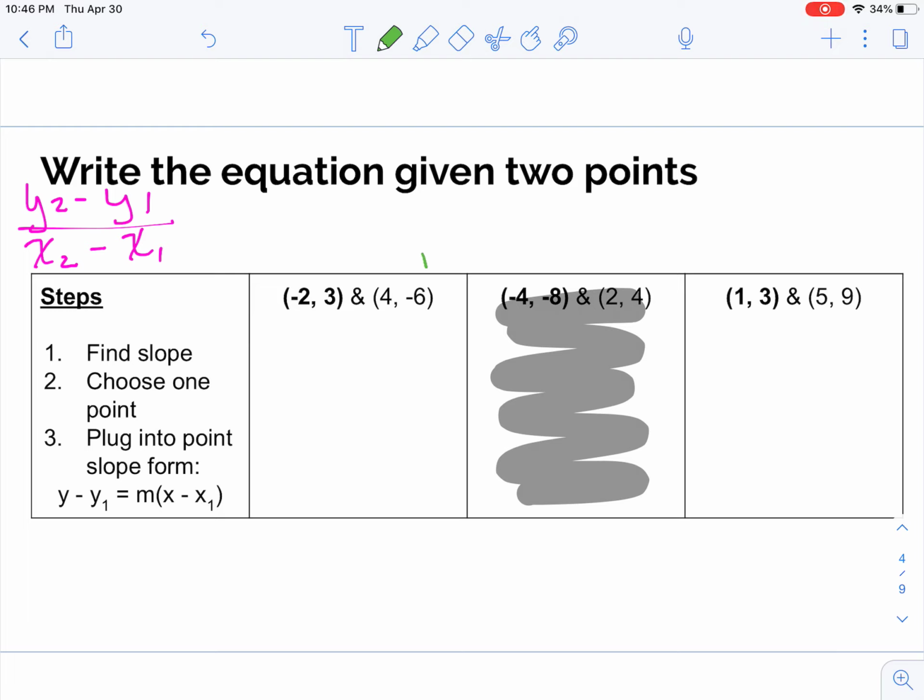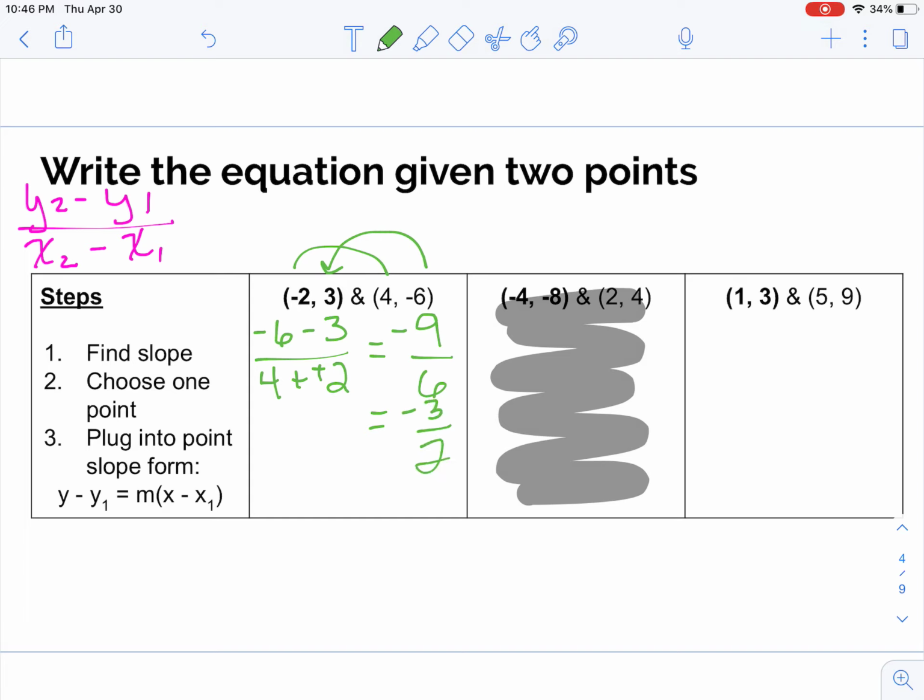So I've got negative 6 minus 3 over 4 minus a negative 2. So negative 6 minus 3 was negative 9. I'll add the opposite here, over 6, which gives me negative 3/2.